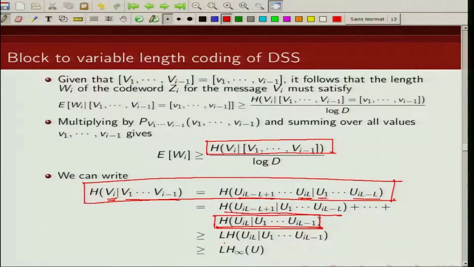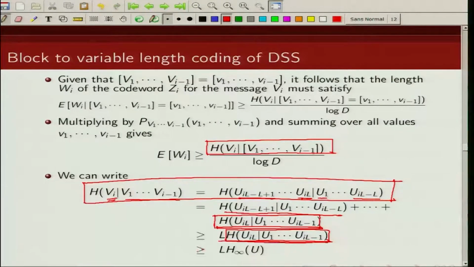So this right hand side can be lower bounded by L times H of U(iL) given U1, U2, U3, up to U(iL minus 1). And of course, as I said, this is a non-increasing function, so this particular term will be greater than or equal to the entropy rate.